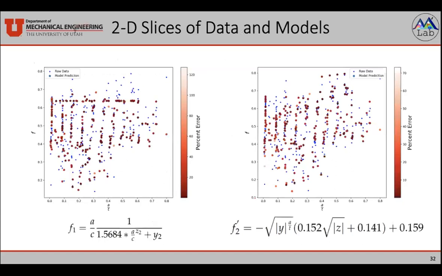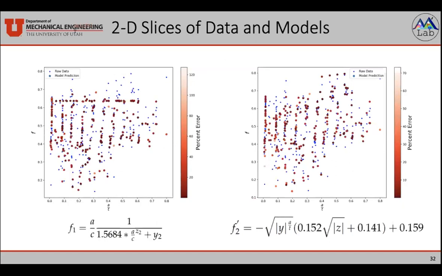Another illustration of how the gradient boosting method helped our symbolic regression is illustrated here. Now, it's difficult to visualize the 6-dimensional space that we're working with only in 2 dimensions.